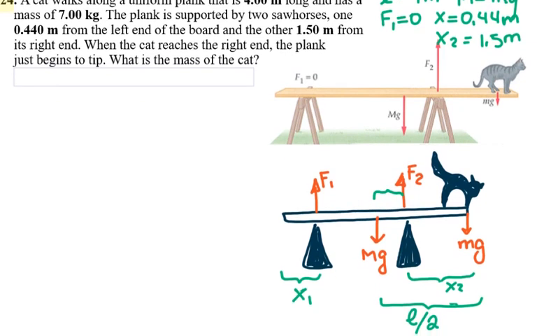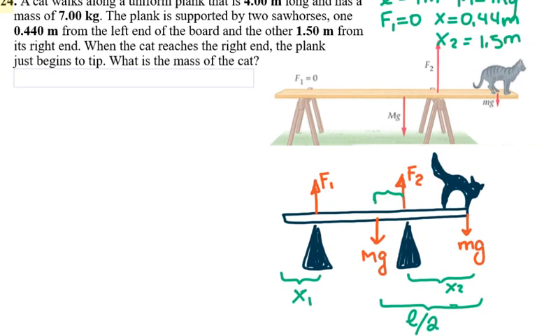What I need to find is this distance right here, because the point of rotation is going to be the blue dot. So this is the point of rotation of my plank, and so I need to find that distance on the top.